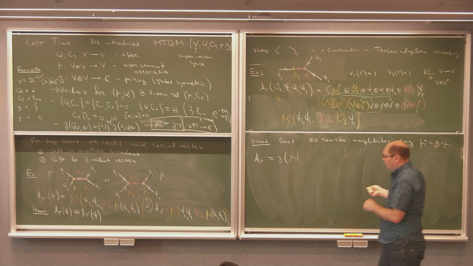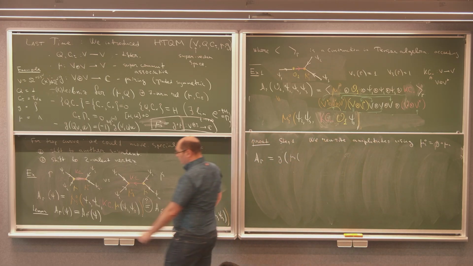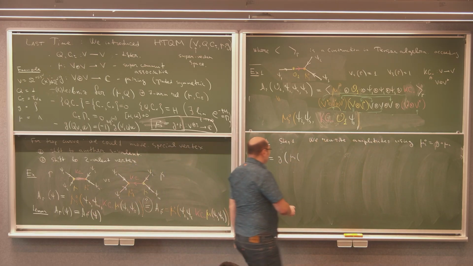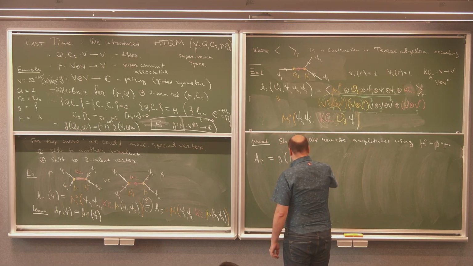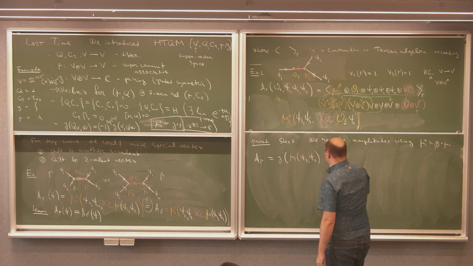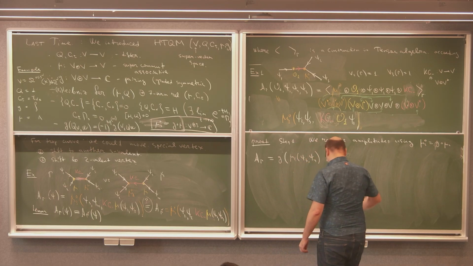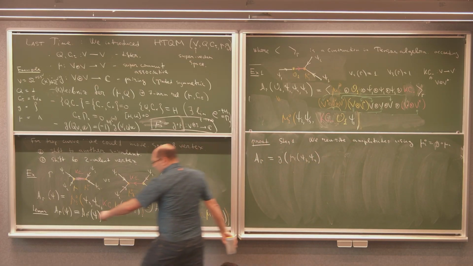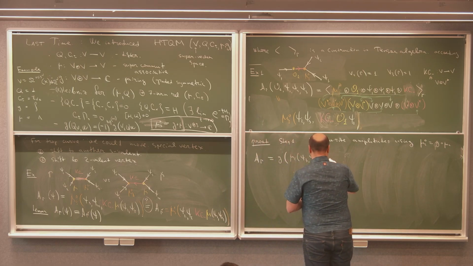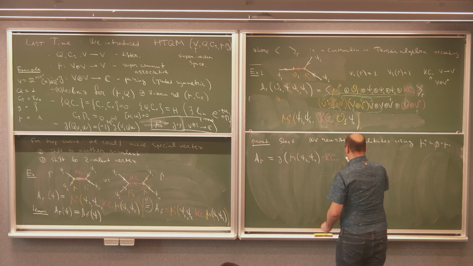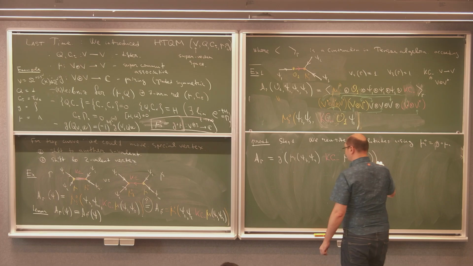Due to symmetry properties, let me choose multiplication acting on the first two arguments. So it's mu of psi3, psi4, and here will be Kg minus of mu of psi1, psi2.